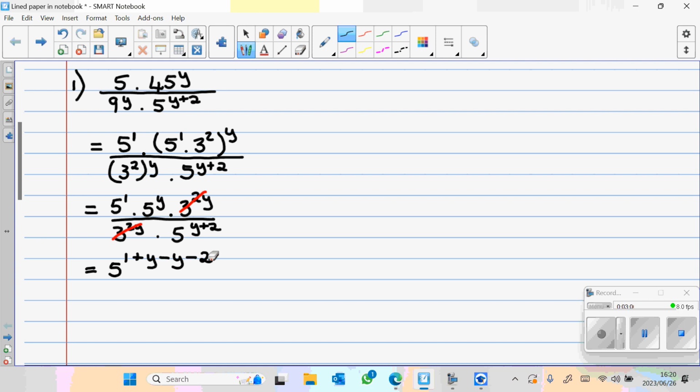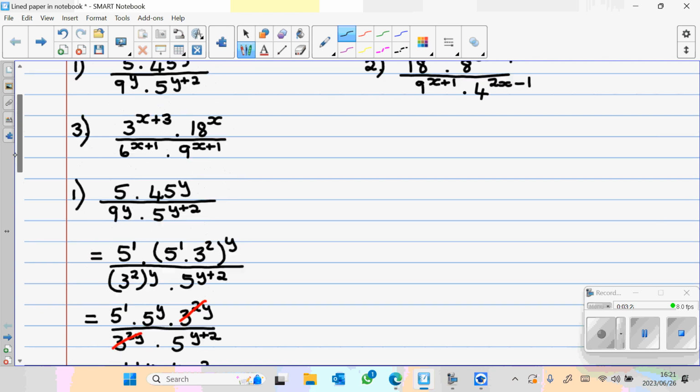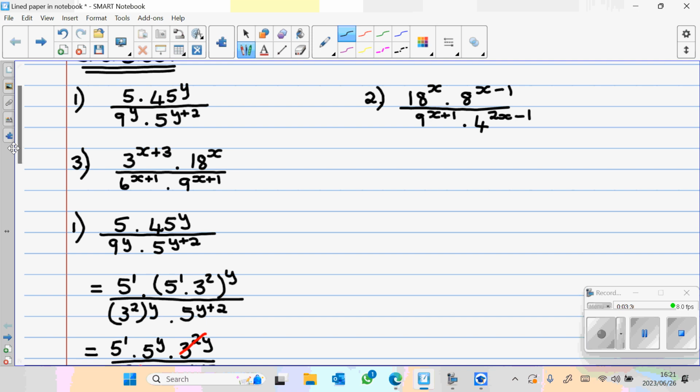Because when I subtract, the signs underneath change, because I say minus in brackets y plus 2, and then the minus goes in. This gives me 1 minus 2, so I get 5 to the power of minus 1, which is equal to 1 over 5. And that is the solution to the first one. I hope that is what you got.